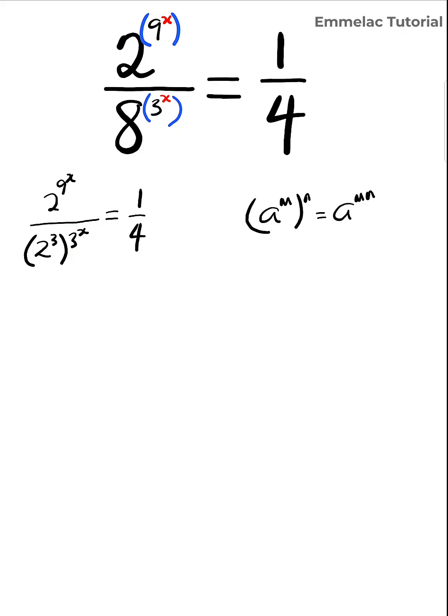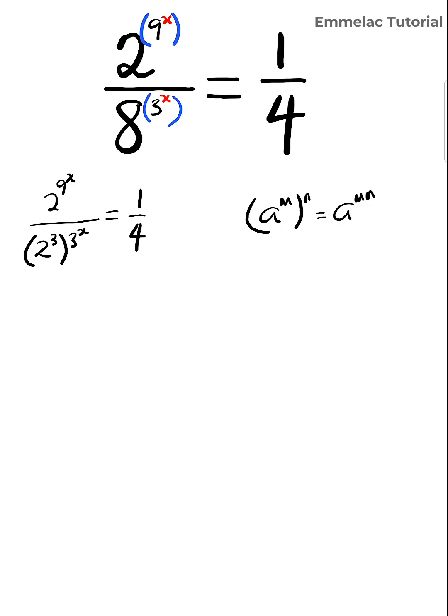We ought to have applied this rule here, but this 3 and this 3 are of different exponent. So what do we do in this case?